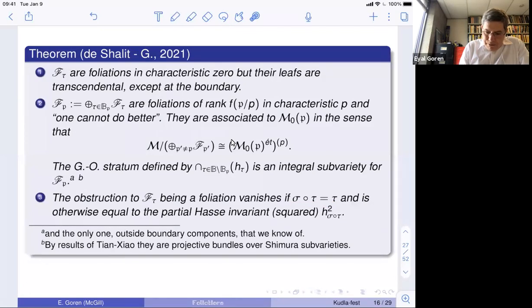In this case, this BP is just the singleton corresponding to tau, the singleton tau. And it's the same statement that if this holds, then this is a foliation.